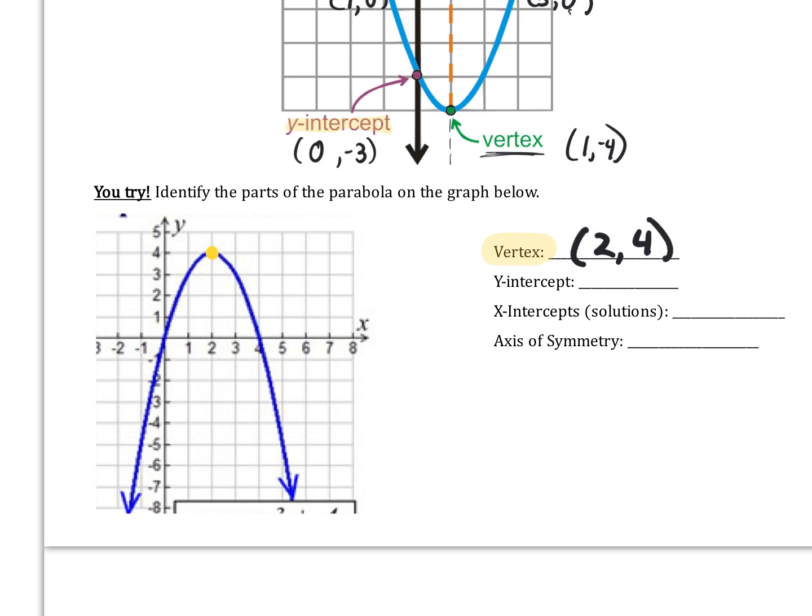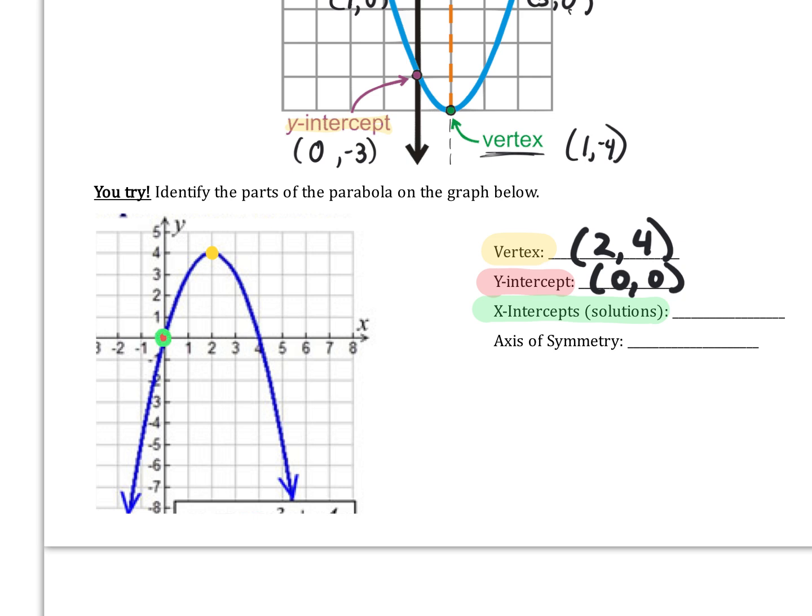Let's look for my y-intercept. My y-intercept is right here, and that is at 0, 0. We start right here in the middle, so this one is going to be 0, 0. My x-intercepts, or also known as solutions, are right here.